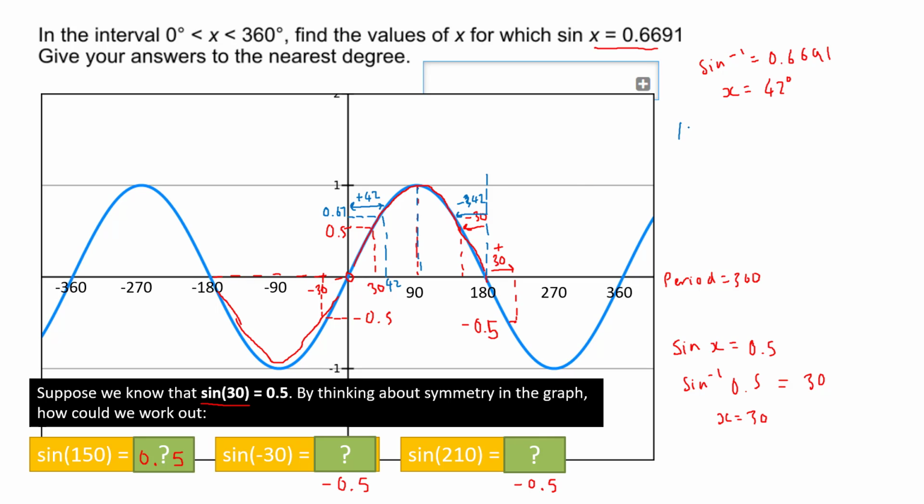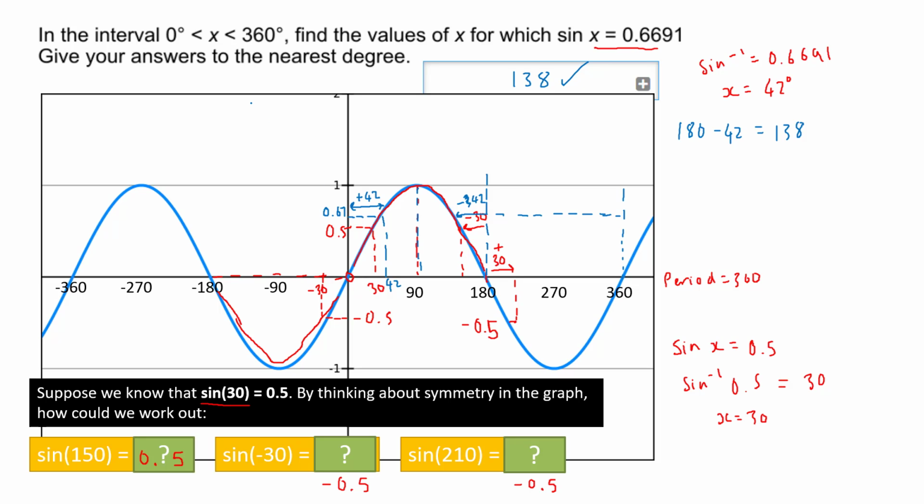So 180 minus 42 equals 138. So that answer is 138. Now if we carry on from 0 to 360, you can see it doesn't match again, so that's the only answer. And you check on your calculator, that would be correct.